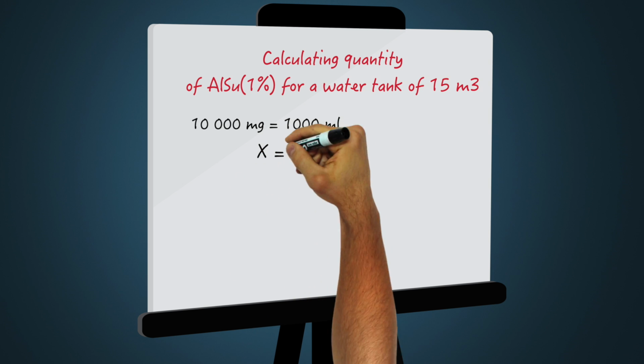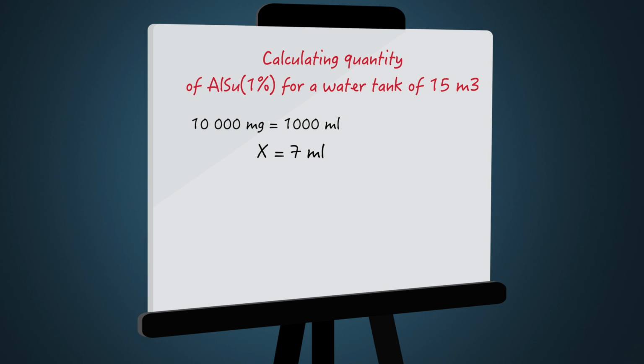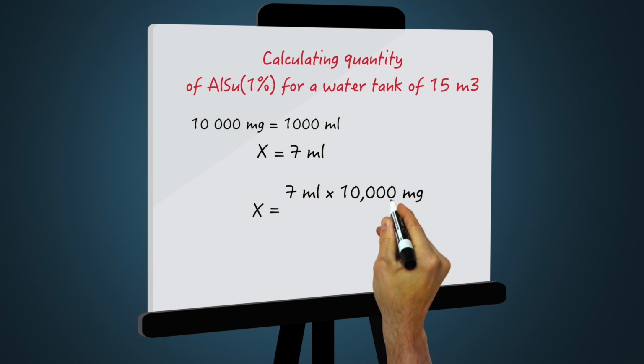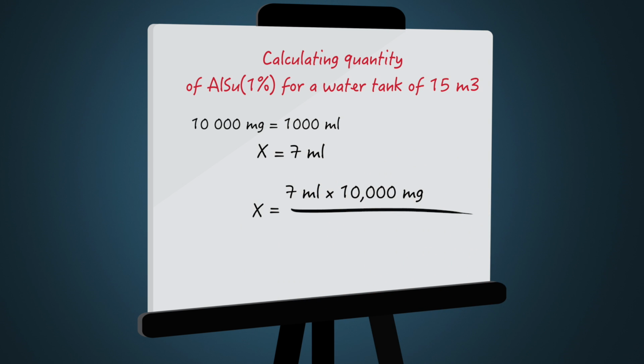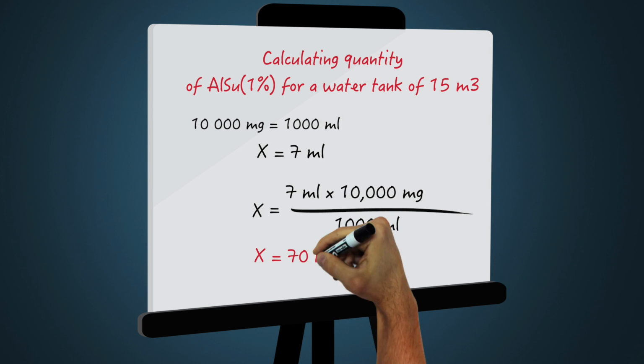To obtain 7 ml, we used cross multiplication as follows. 7 ml times 10,000 milligrams divided by 1,000 millilitres. The amount of 100% aluminium sulfate powder needed for 1 litre is then 70 milligrams.